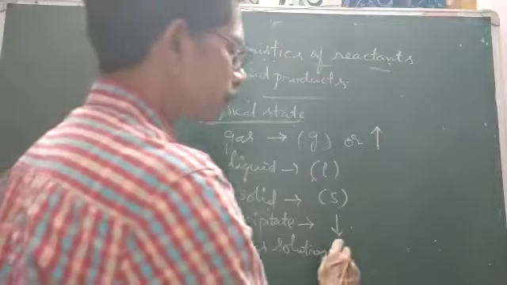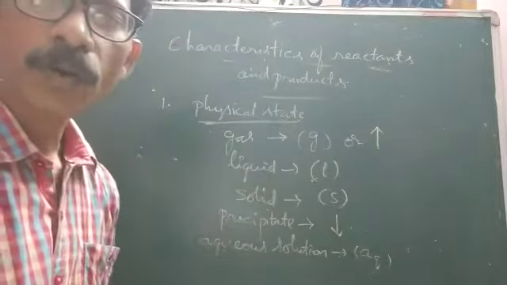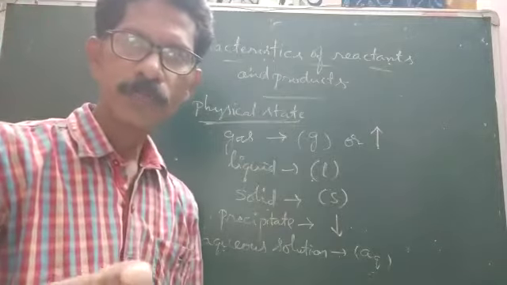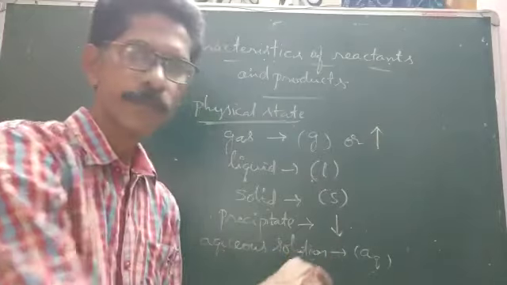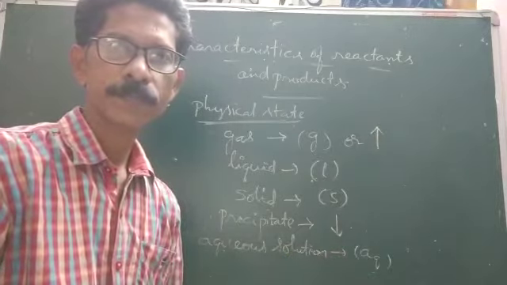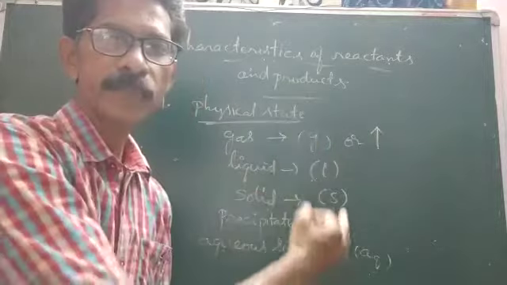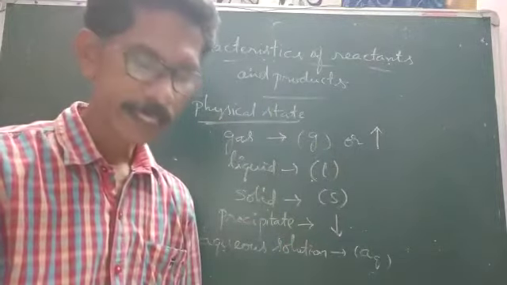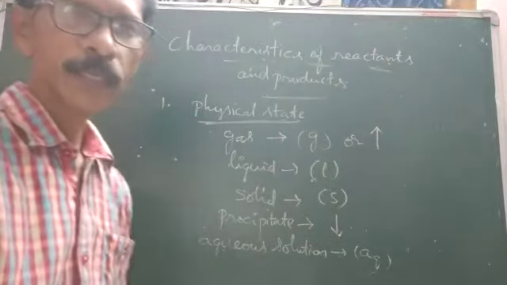So aqueous solution means AQ. Aqueous solution means here water is the solvent, meaning the substance is dissolved in water. So that is aqueous solution. Clear? So these are the physical states, expressing the physical state of reactants and the products. Clear?